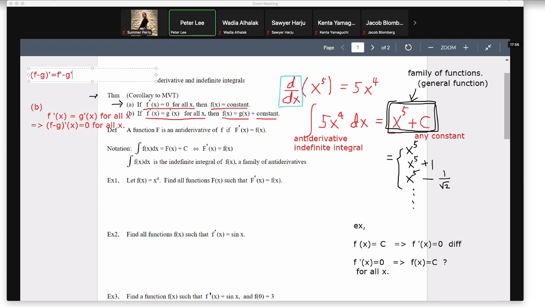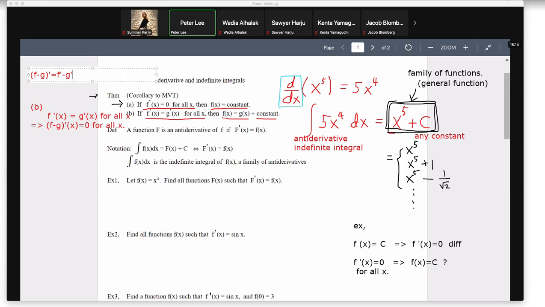So basically, we are applying the differentiation rule. So if we bring this g prime of x to this side, then that will be f prime of x minus g prime of x. And then f prime of x minus g prime of x can be written as (f minus g) of x, and then the whole thing prime.